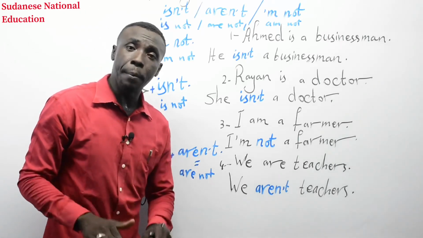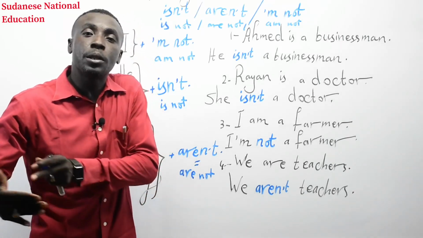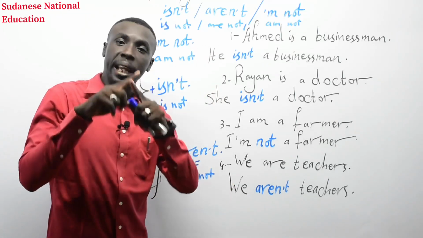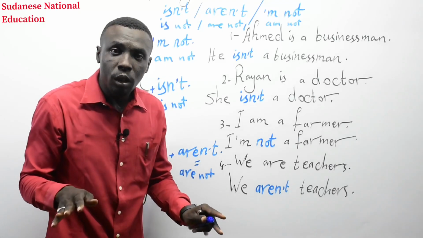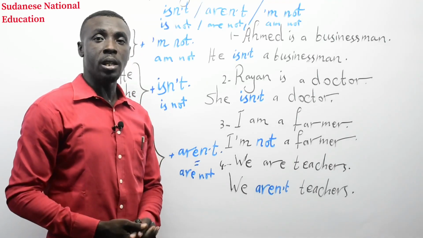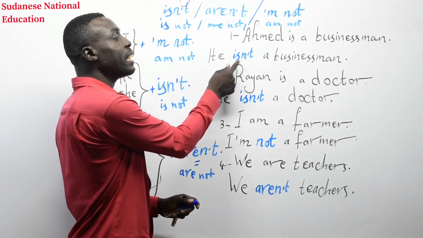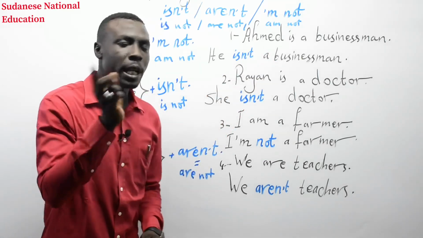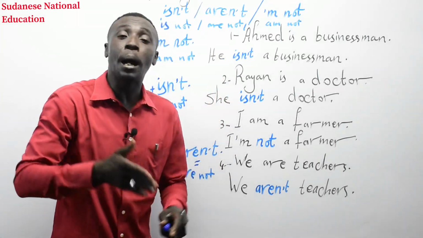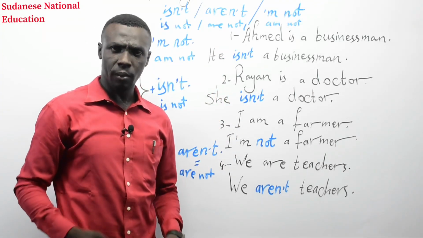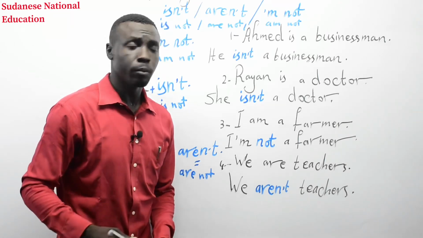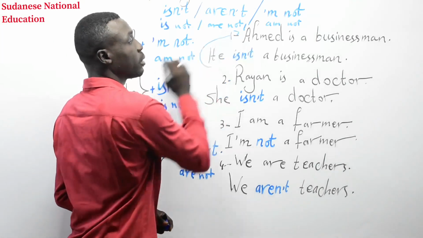To make it negative, to give the opposite information about Ahmed, you can say he isn't a businessman. That means Ahmed is not a businessman. If I said Ahmed is a businessman, that means he's wealthy, he's good, he works, he makes a lot of money.